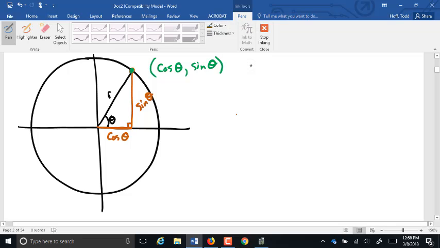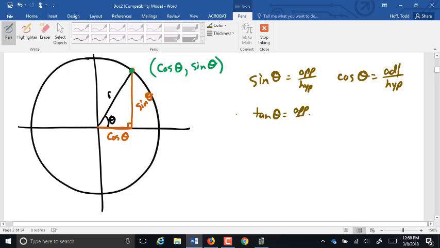We also related these to those triangles in there, and we found out that sine of theta was the opposite side over the hypotenuse. Cosine of theta is the adjacent side over the hypotenuse. Tangent of theta is the length of the opposite side over the length of the adjacent side.